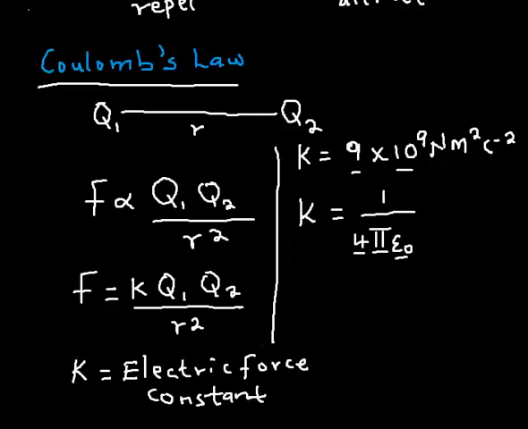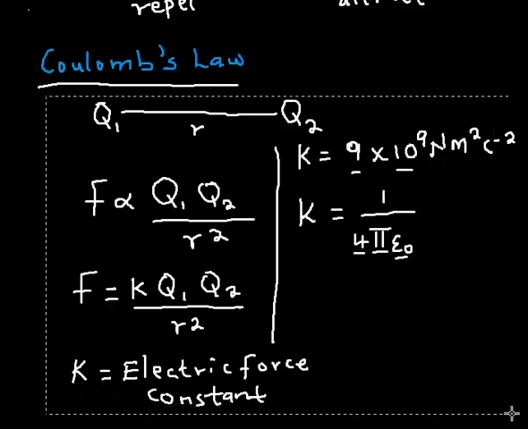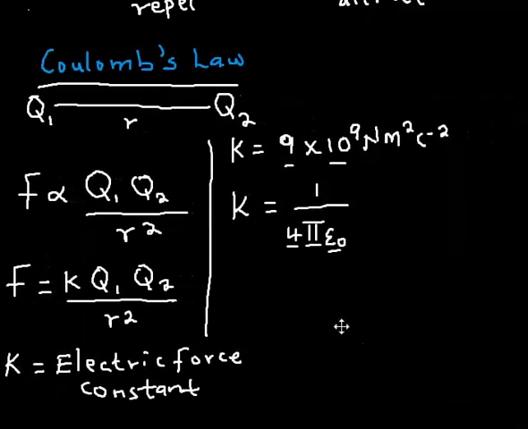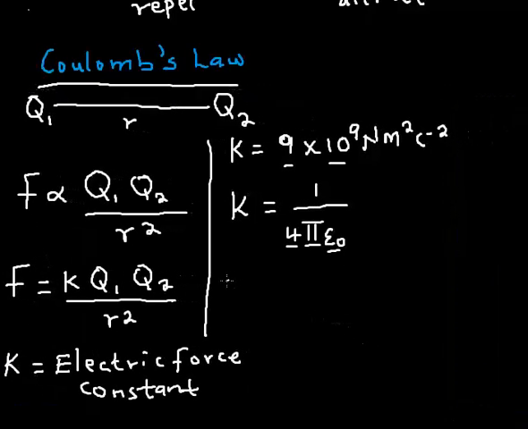Now, but the question is, what is that constant and what does it mean, right? The epsilon 0. So this epsilon 0 is a constant known as the absolute permittivity, or the permittivity of free space.